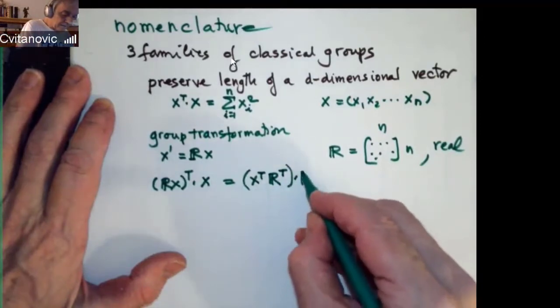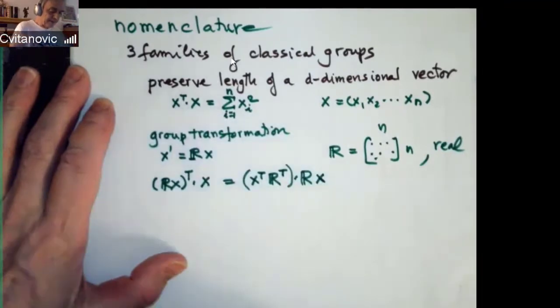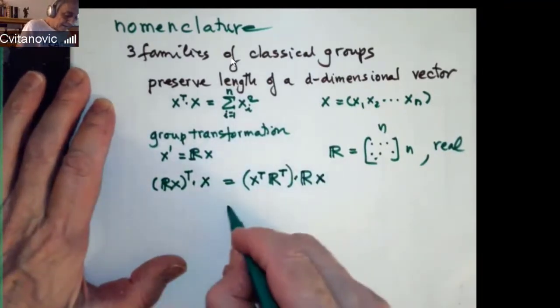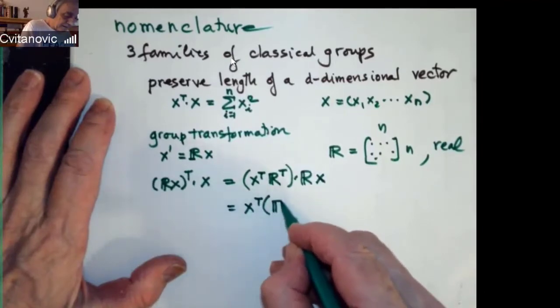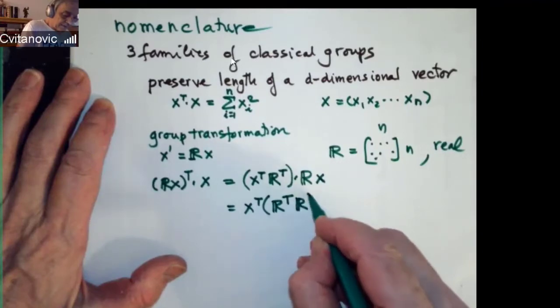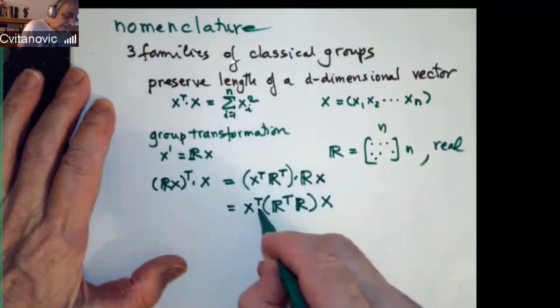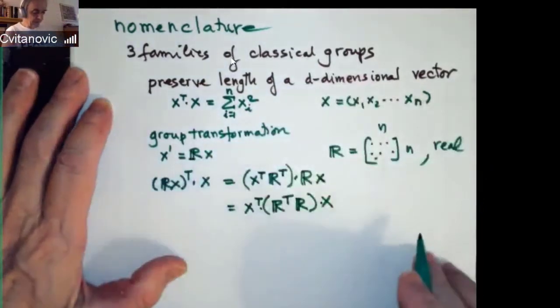Times R X, which means we have X transpose times matrix transpose times matrix times X equals X transpose X. So this is a column, this guy is a row.